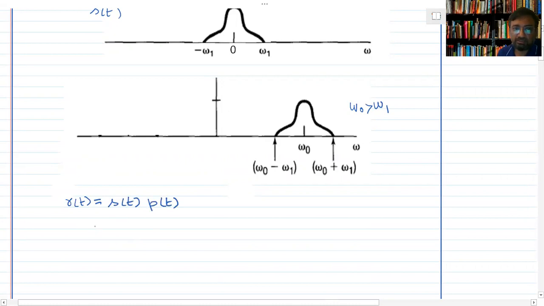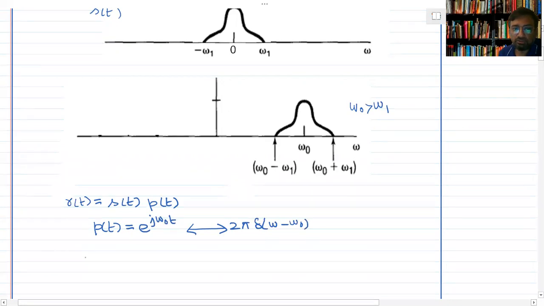And we have already seen that if p(t) is a complex exponential e^(jω0t), its Fourier transform is 2π δ(ω minus ω0).